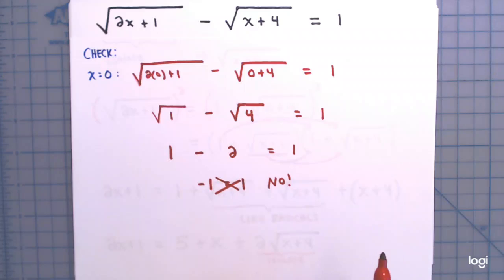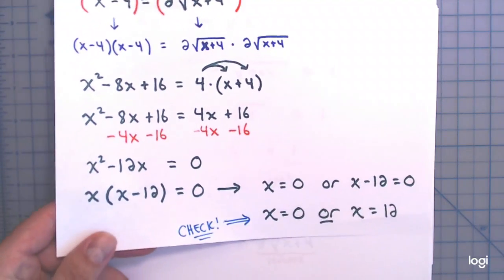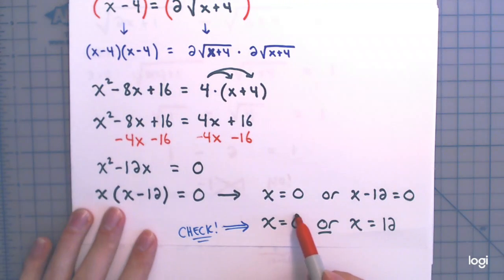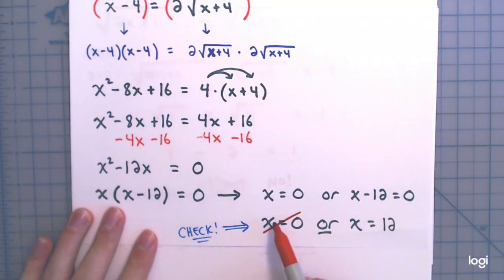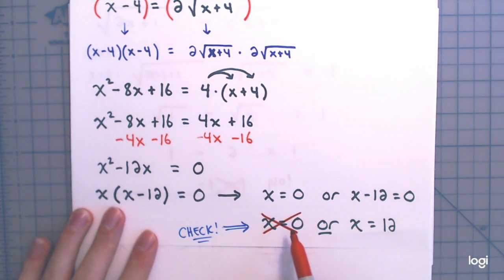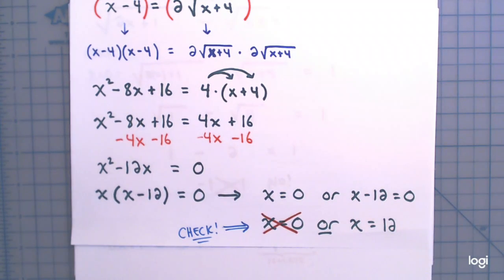So my solution of 0 is what they call an extraneous solution. It's a solution I found, but doesn't actually work back in the original equation. So I'm going to eliminate 0.